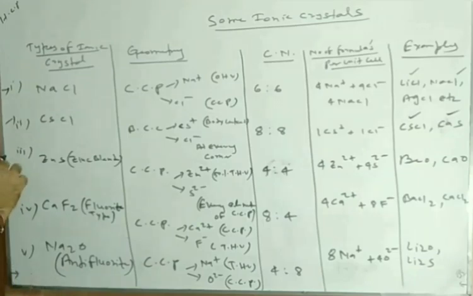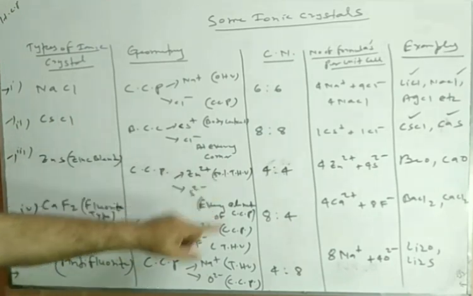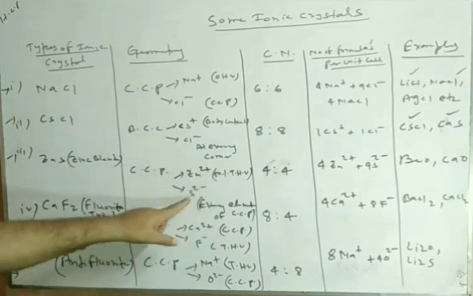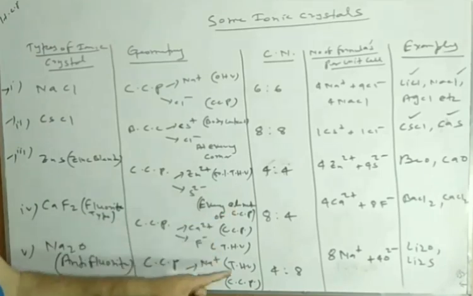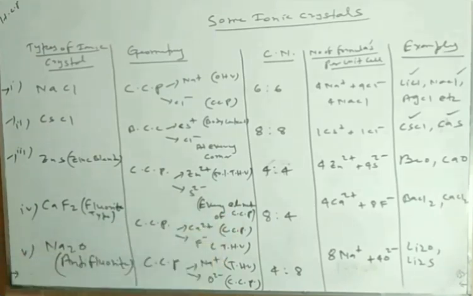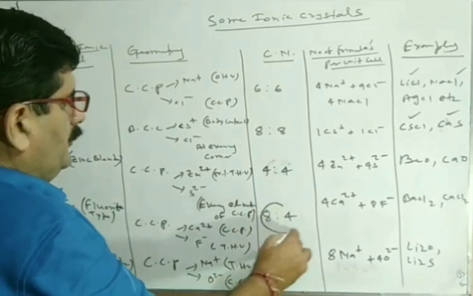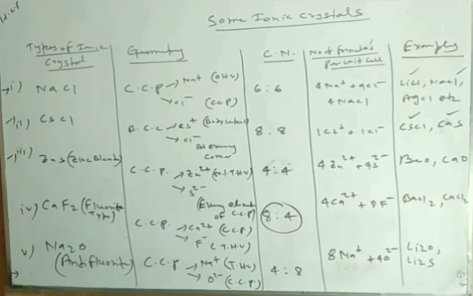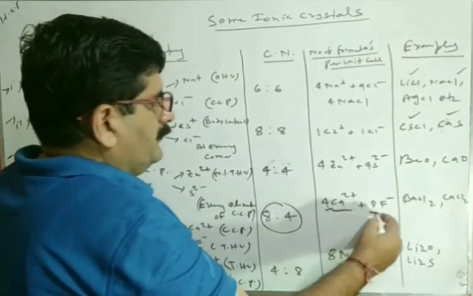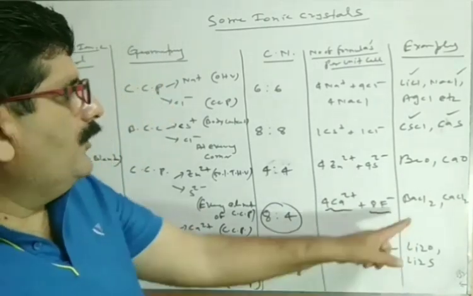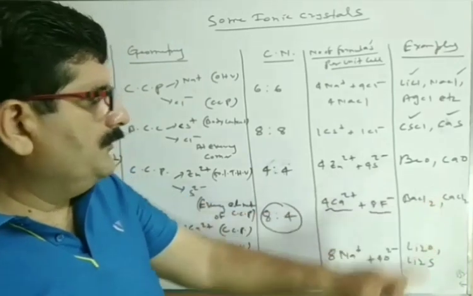Next one, ZnS, zinc blende. Cubic close pack structure, zinc 2 plus occupies 50% tetrahedral voids and S2 minus at every element of CCP arrangement. Coordination number ratio 4:4. Examples of ZnS and CaCl2.